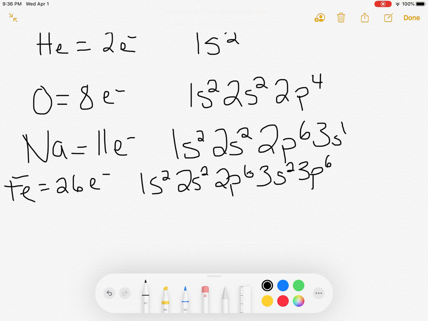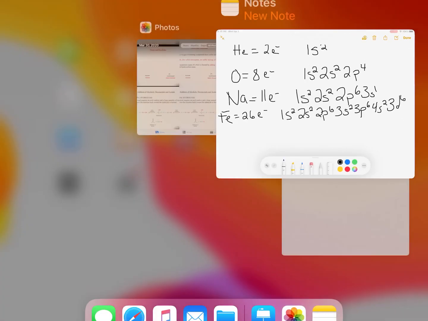And I can put 6 in 3p. And then we go to 4s, and I can put 2. And then 3d is the next one. Remember, the d subshell can hold up to 10 electrons, but I only have 6 left. I've used 20 so far. I only have 6, so I'm going to put 6 into 3d.